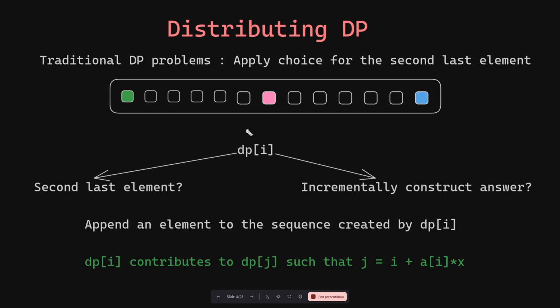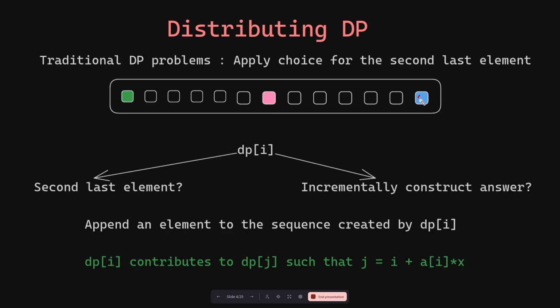Now suppose that you already knew the dp value of this pink cell, and of course that dp value represents the number of subsequences that end at the pink element. Now what happens when you append an element to all of those subsequences?